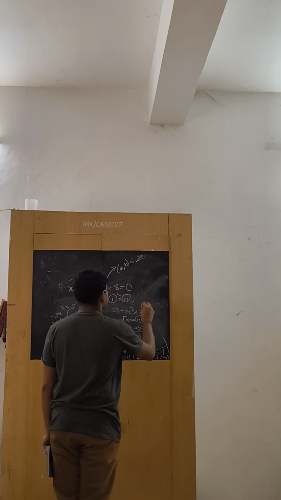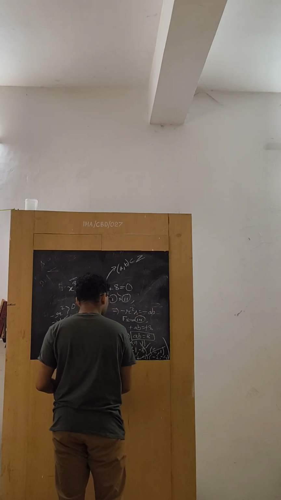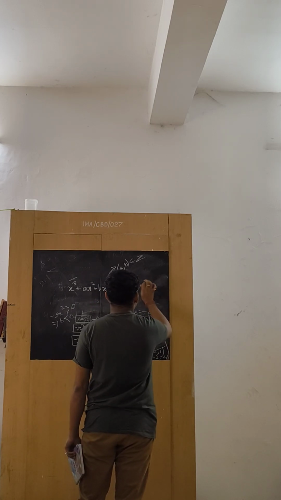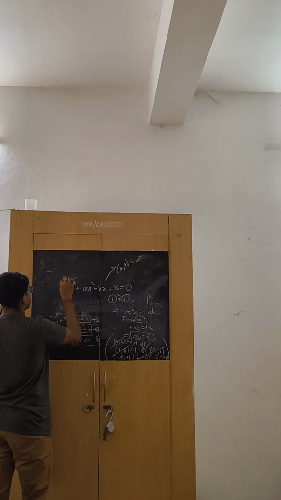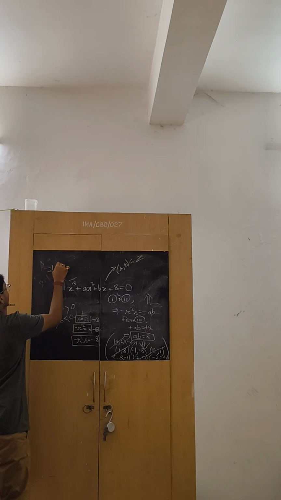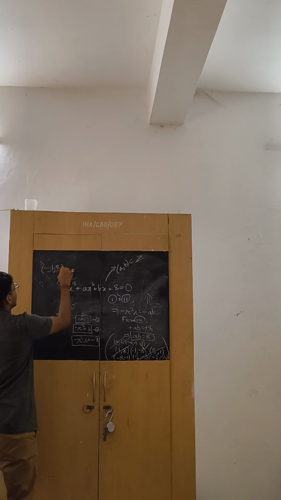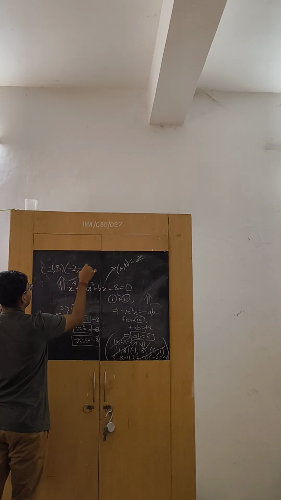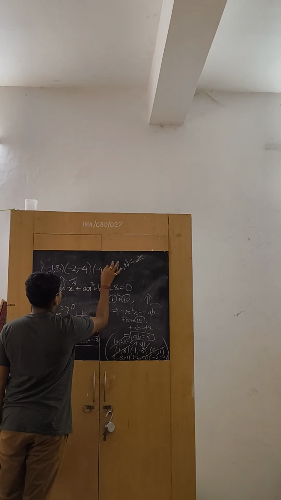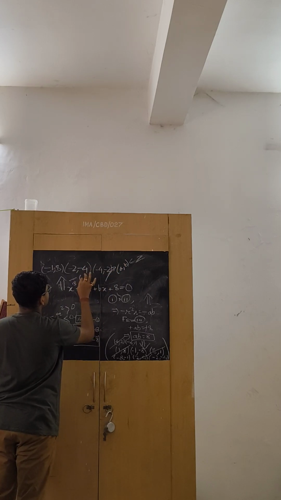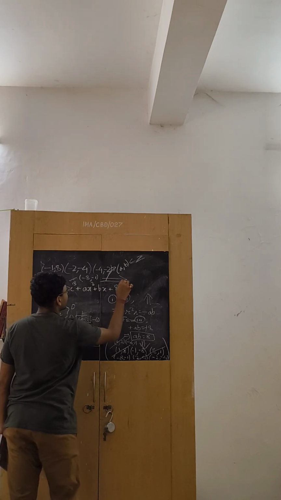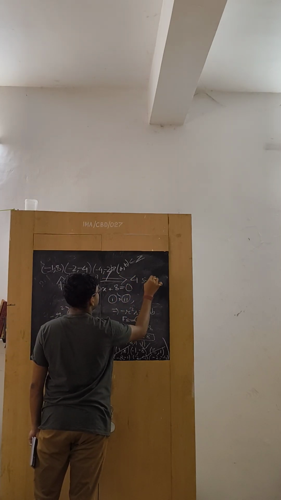We are ultimately left with 4 choices: minus 1 comma minus 8, minus 2 comma minus 4, minus 4 comma minus 2, minus 8 comma minus 1. So there we have 4 solutions.